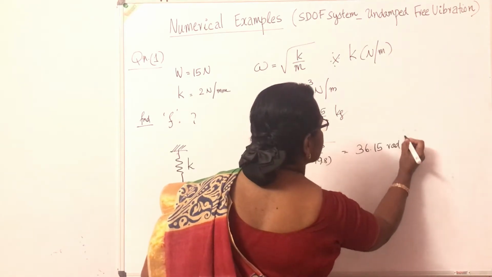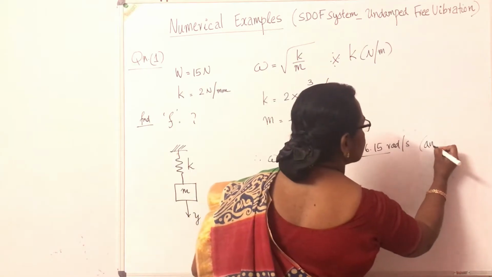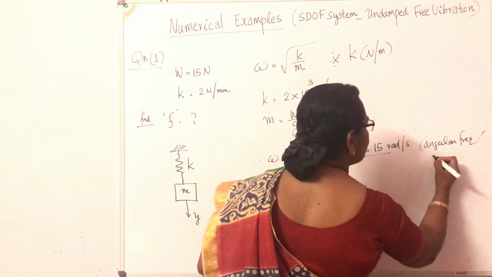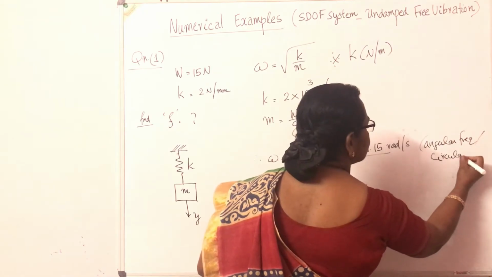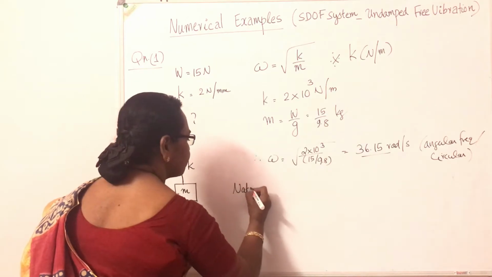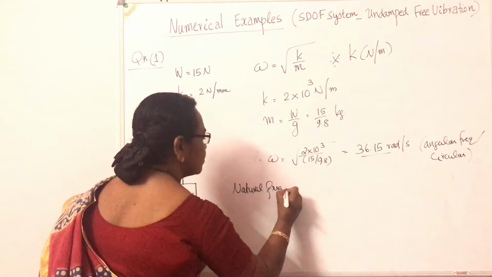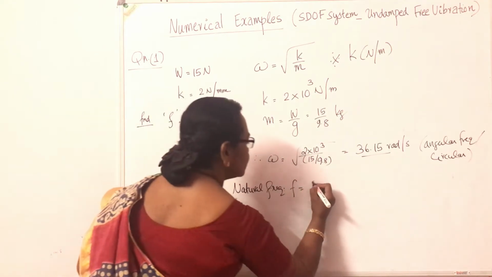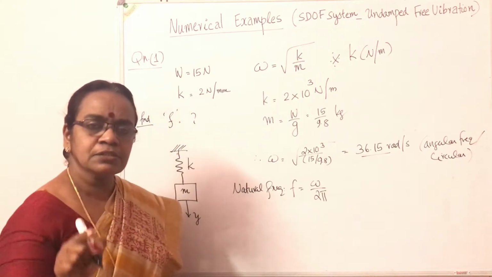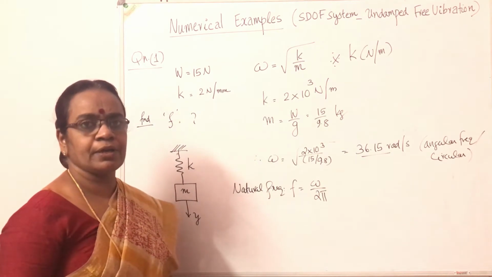This will work out to 36.15 radians per second. This is called the angular frequency or circular frequency. The natural frequency f is equal to omega divided by 2 pi, because one cycle or one full rotation is 2 pi radians.